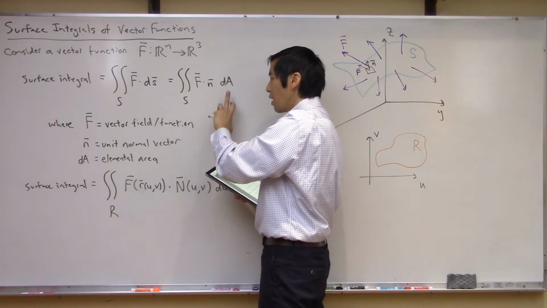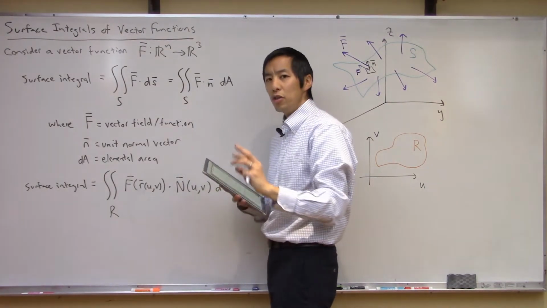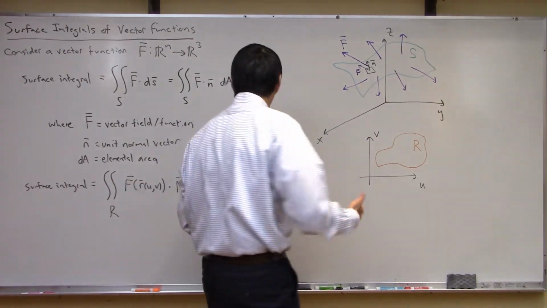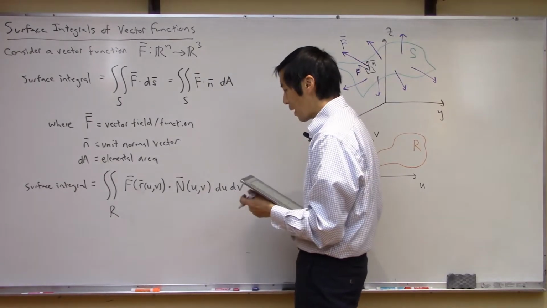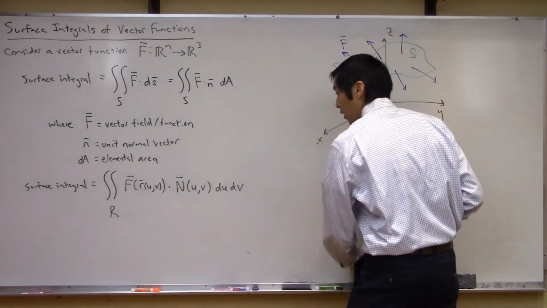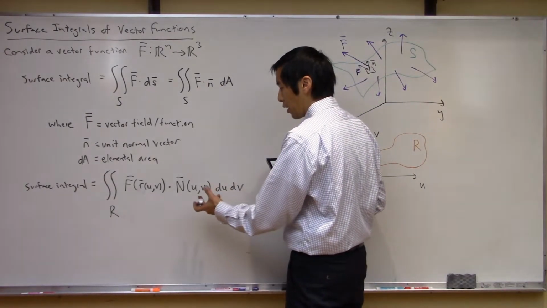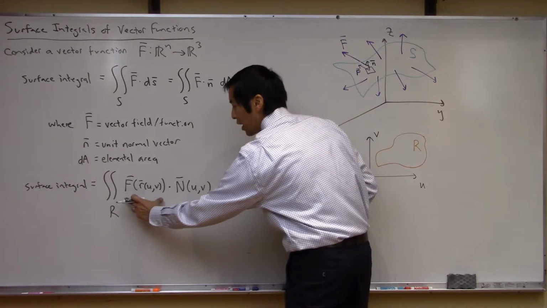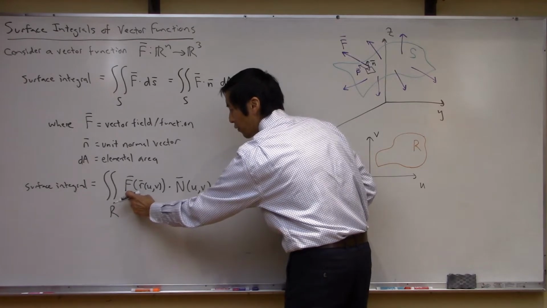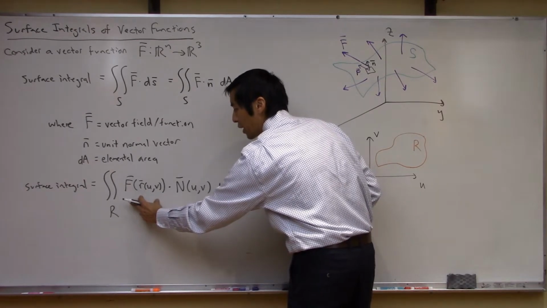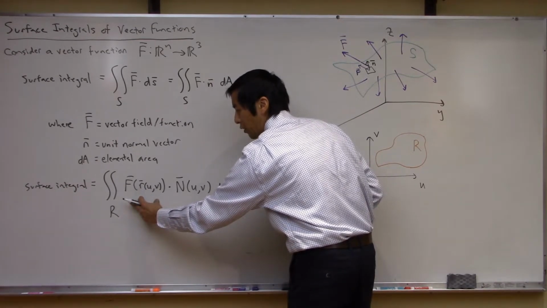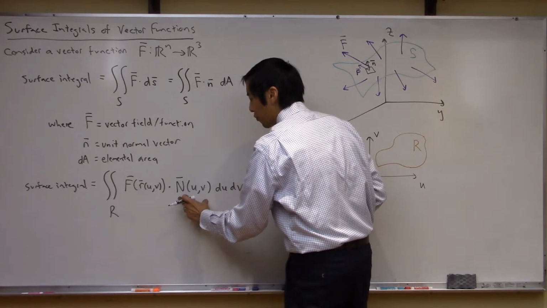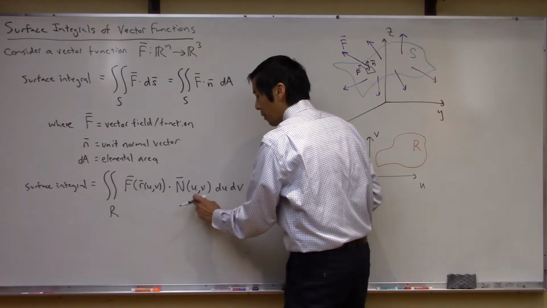But in practice, the way we're going to do this is to parameterize this surface S just like we've done before. And now here is a much better formulation of the surface integral, very similar to what we saw earlier. This is the vector function f, but we have to evaluate it along the parameterization we're interested in. And now we dot product it with the surface normal vector at any given location.